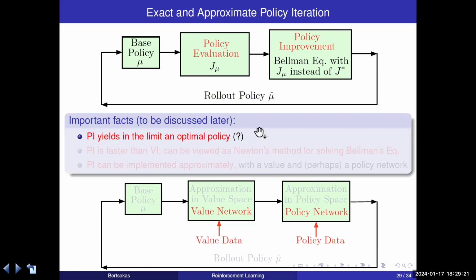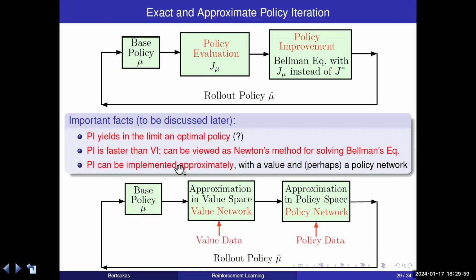We generally will assume that policy iteration does give you an optimal policy, particularly for discounted problems for which this can be proved mathematically. Policy iteration is much faster than value iteration. The reason is that it can be viewed as Newton's method for solving Bellman's equation. And Newton's method is much faster than the type of iteration involved in value iteration.